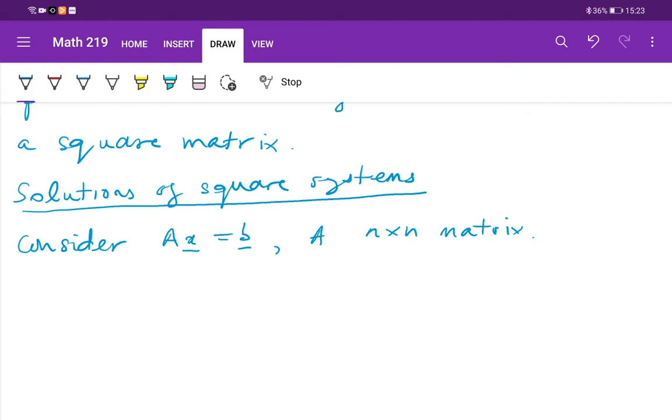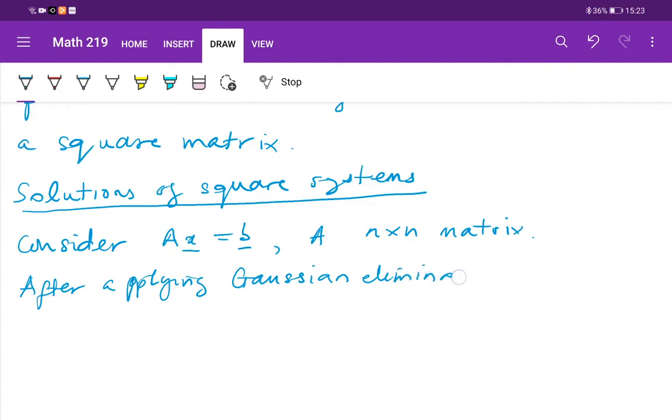After applying a sequence of elementary row operations, let's say after applying Gaussian elimination to the system, there are two possibilities.